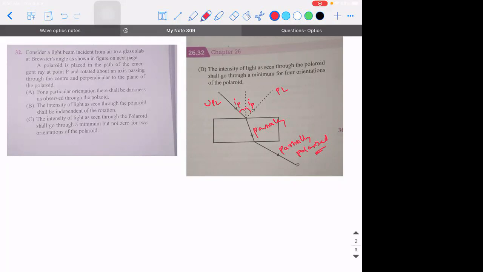So when we rotate the axis of the polarizer. But you need another, like, I'm thinking that. Suppose its intensity is I dash natural. Then I can write I dash cos square theta, but what is theta?